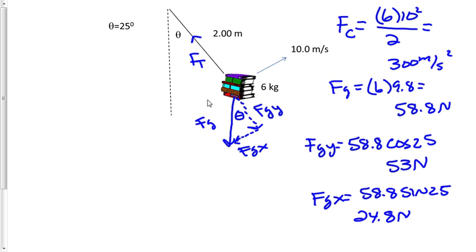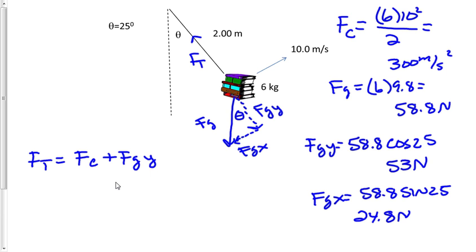Okay, so now since force gravity y is pointing away from the center of the circle, that means the tension force has to then pull that book this way and oppose gravity. So the force tension is then going to equal force centripetal plus force gravity y.